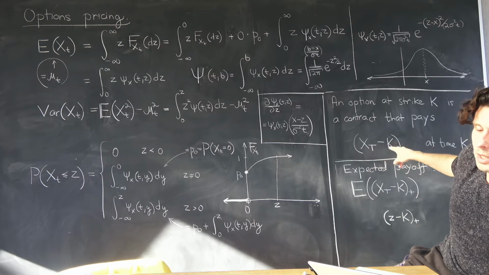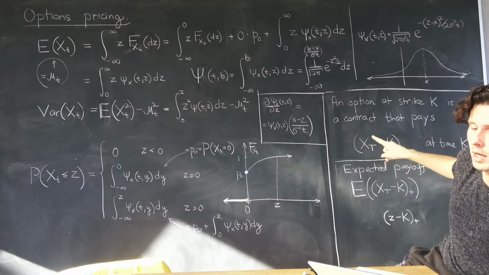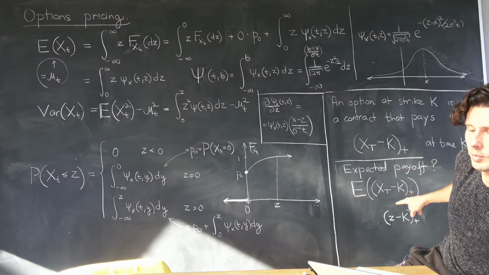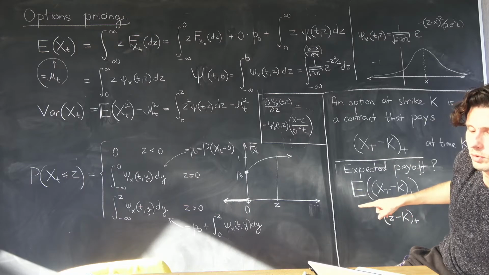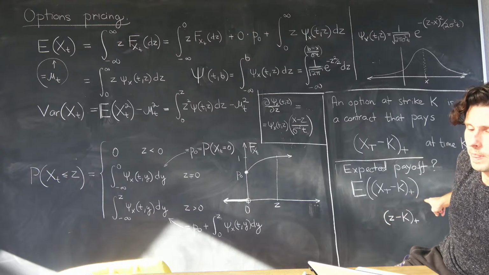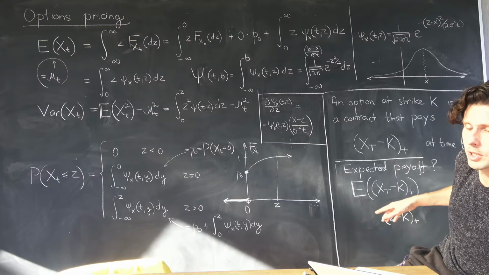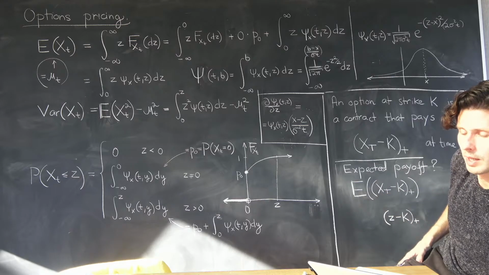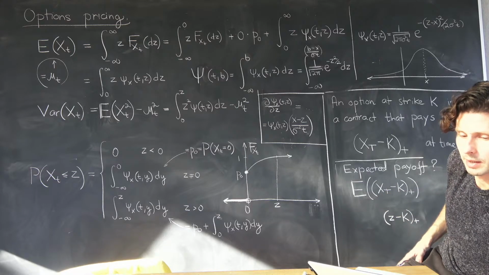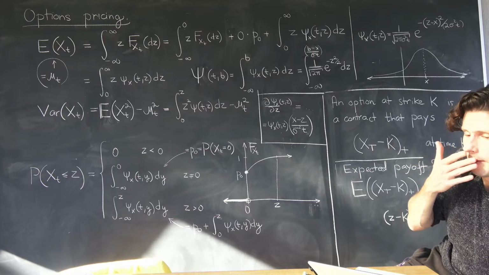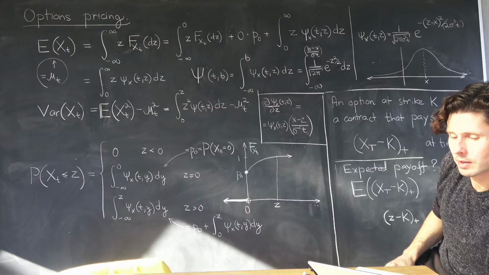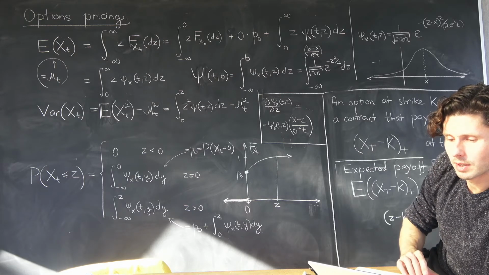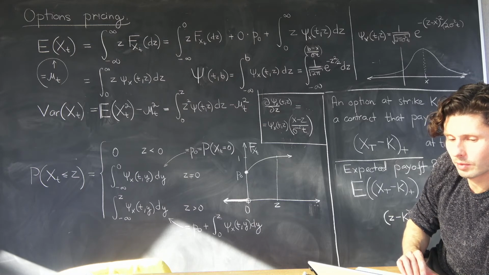Certainly, if you're going to make a decision as to whether to invest in this contract, it would be a good thing to try to compute how much on expectation you stand to make from investing in or purchasing this option, and then maybe even compute its variance, which gives you the uncertainty associated with that investment.